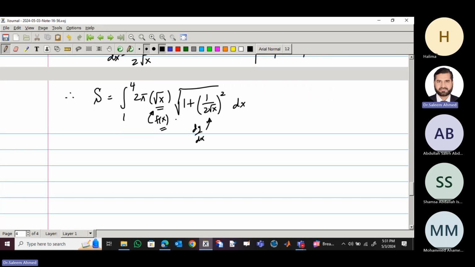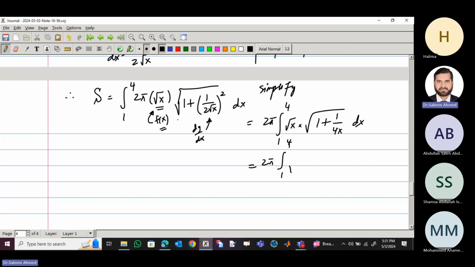To integrate, you have to simplify this first. You cannot integrate it directly. So in simplification, you have from 1 to 4, square root of x outside. Here, you have to take the LCM: 1 plus 1 over 4x. 2 root x squared means 4x. Now, because it's a multiplication, you can write both in one integration.